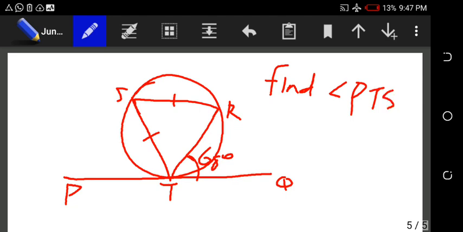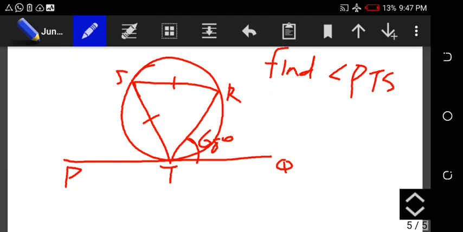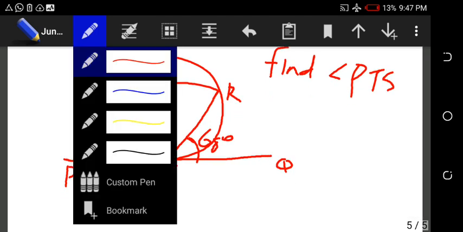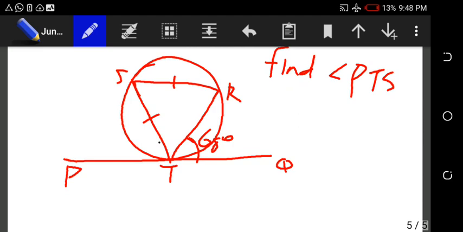Now we have the drawing. We are looking for angle PTS. How do we tackle something like this? How can we solve for that?